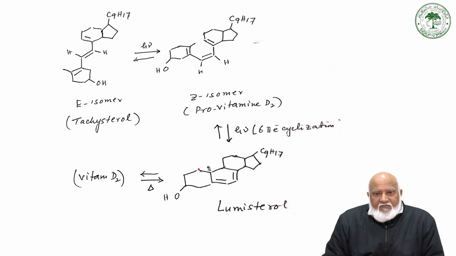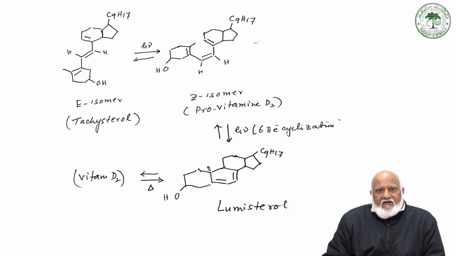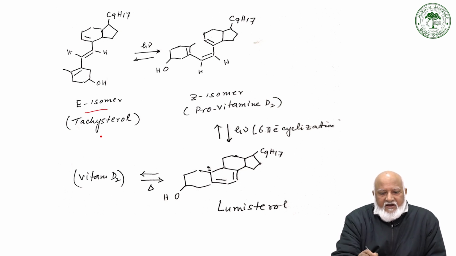A few more important reactions involving cis-trans isomerization followed by cyclization are also shown over here. You can see an E isomer, tachysterol, a steroid derivative, which in the presence of light can undergo cis-trans isomerization across the double bond.